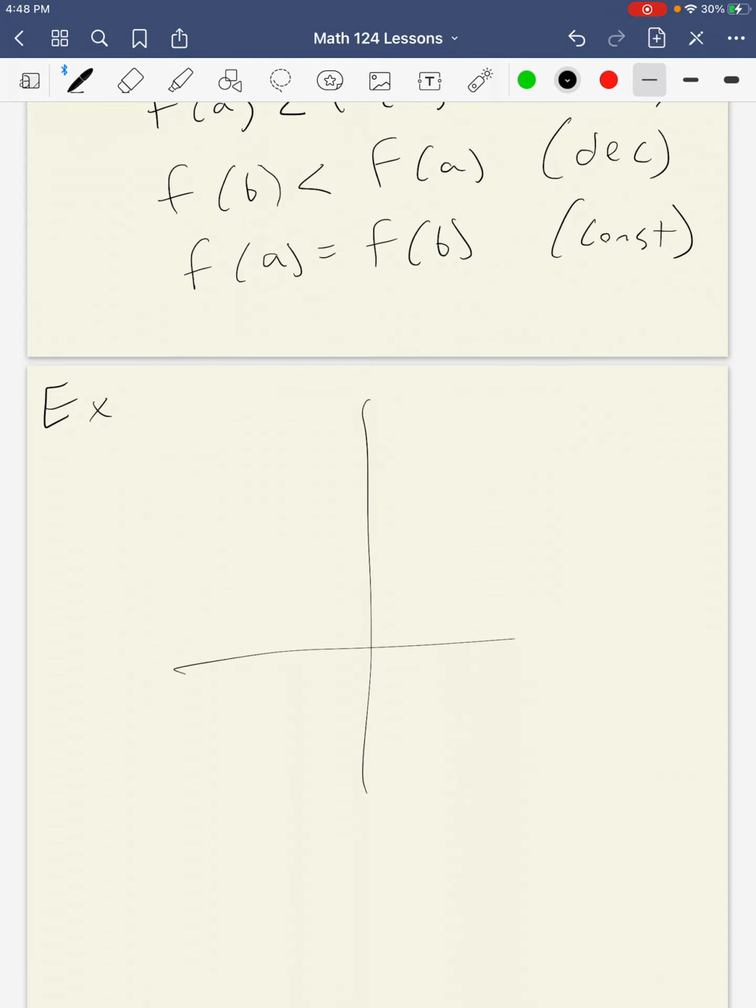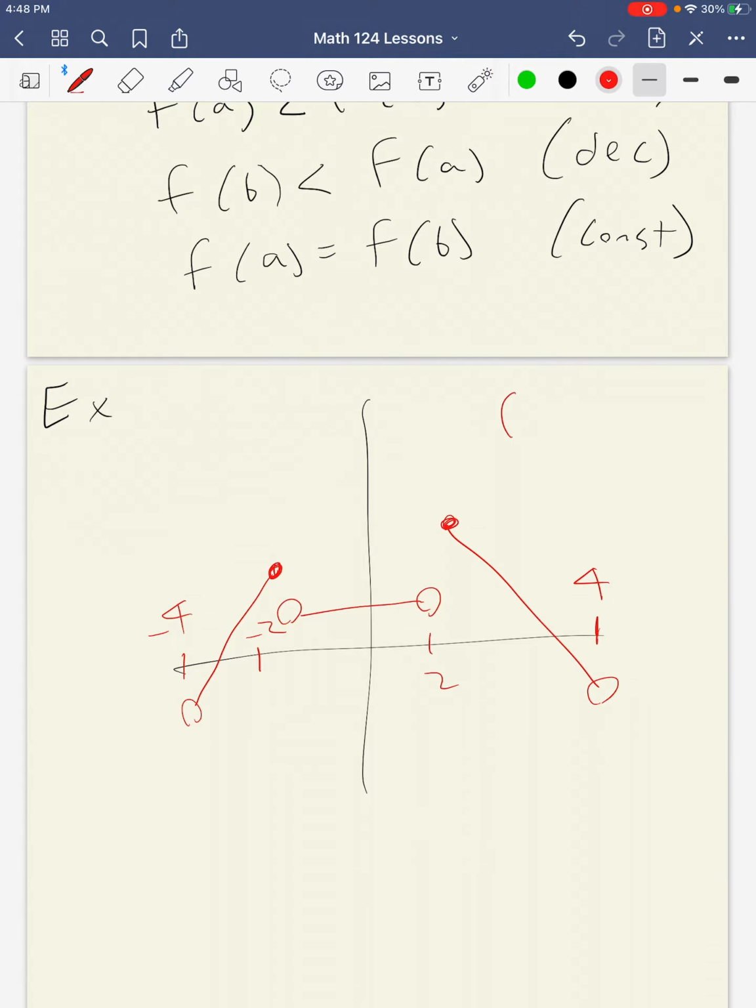So let's look at a graph here. Okay, so we have this graph f of x here in red.